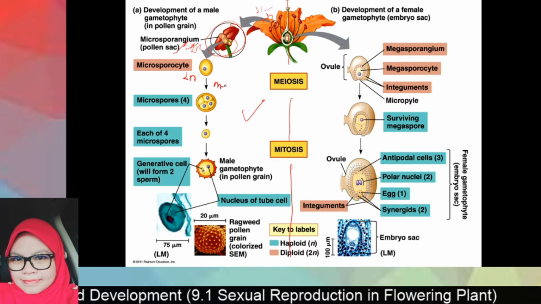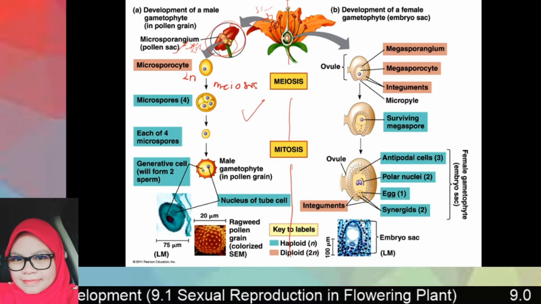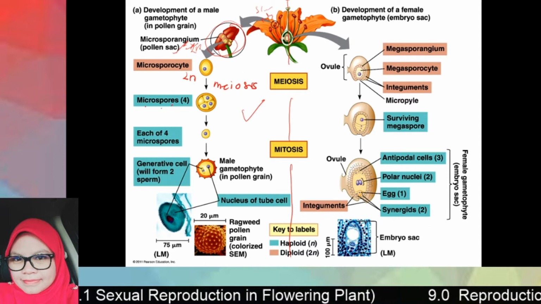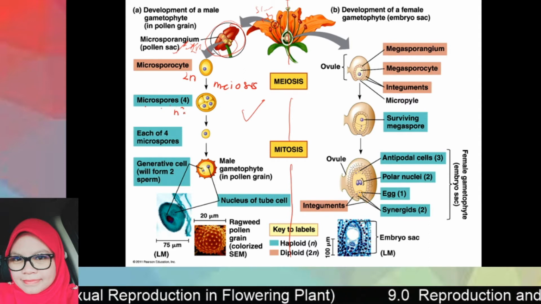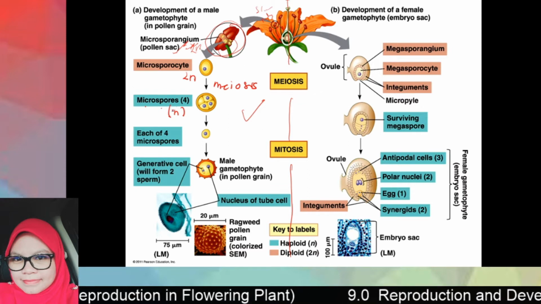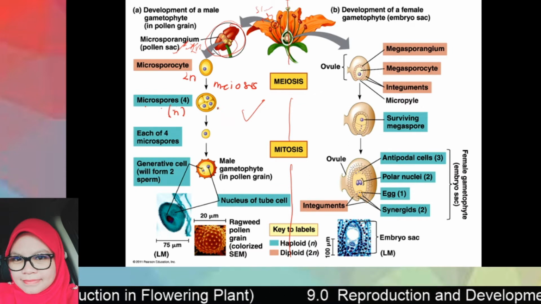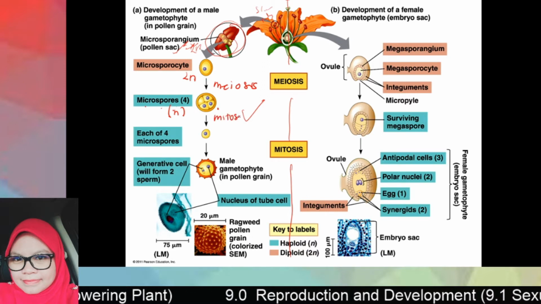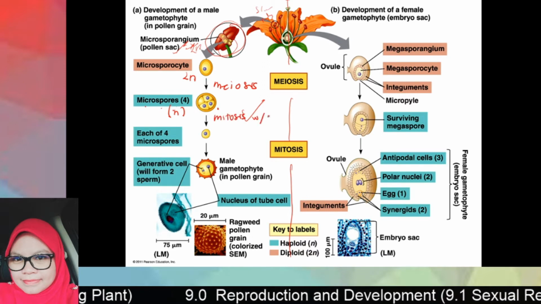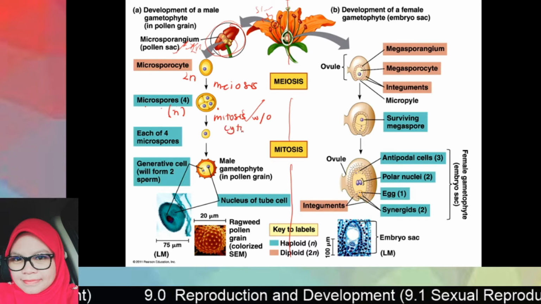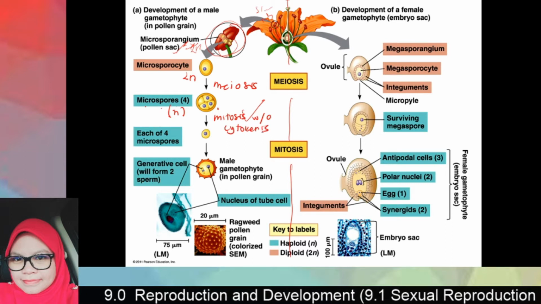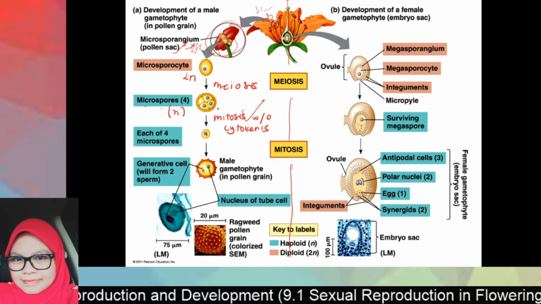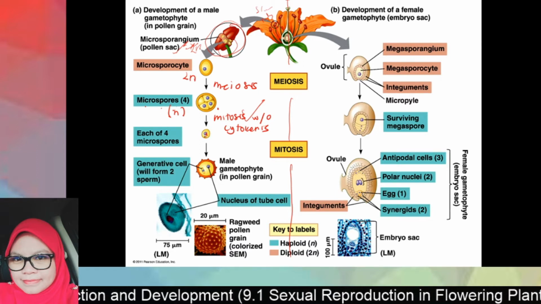Microsporocytes may undergo meiosis to produce 4 haploid microspores. Each microspore may undergo mitosis without cytokinesis. What does this mean? Only the nucleus will divide, the cytoplasm does not divide.